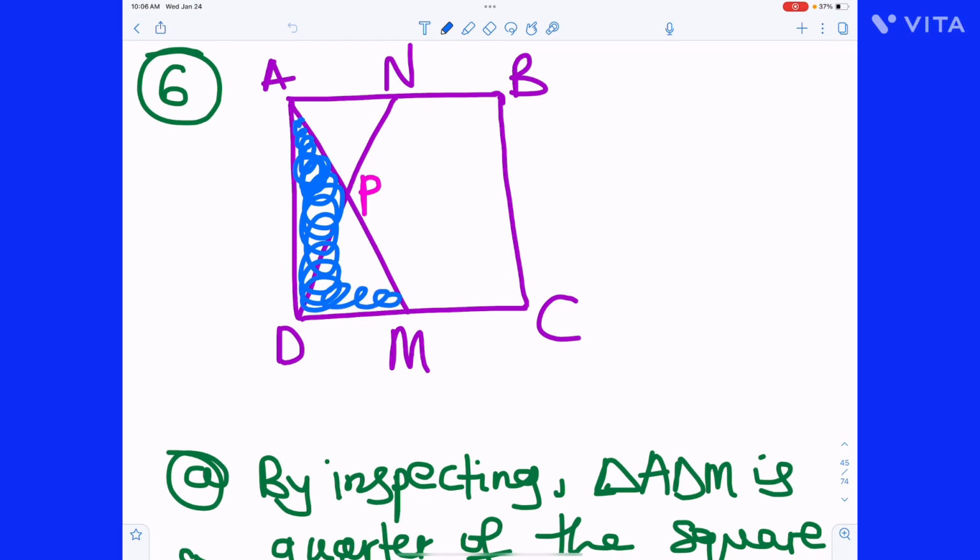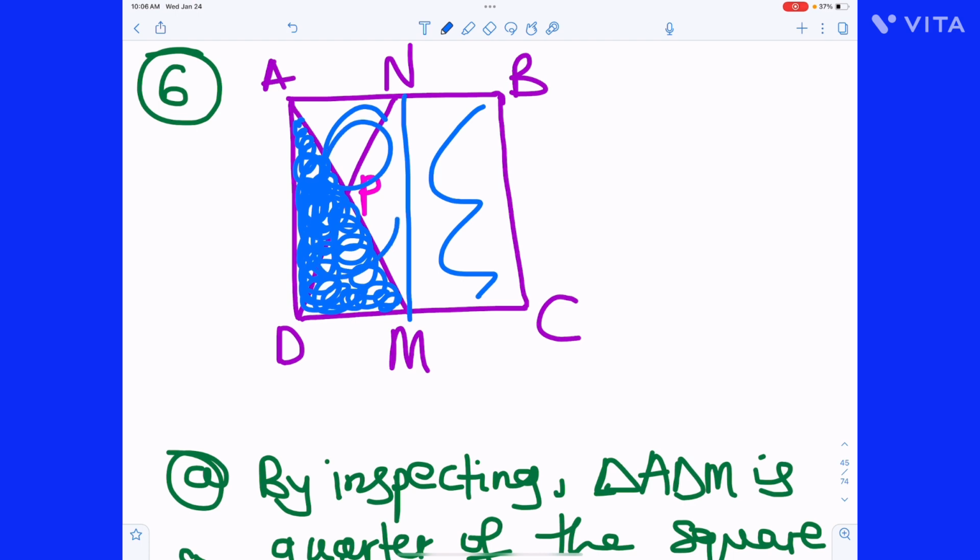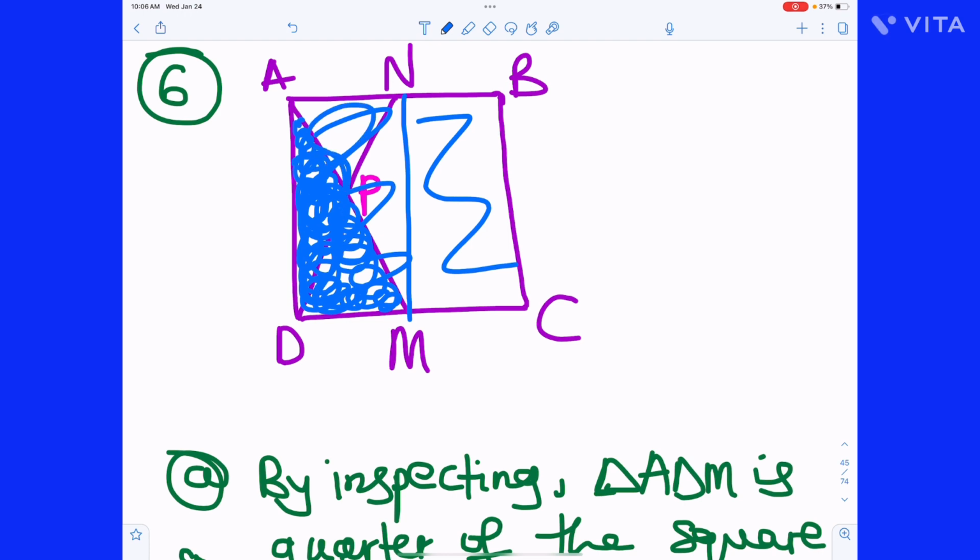If you inspect very well, that region is only a quarter of the whole square, because this is half, this is half, this is half. Can you see? You understand? This is one half here, this is another half here. So if it lies in this shaded region, it means it's only a quarter.